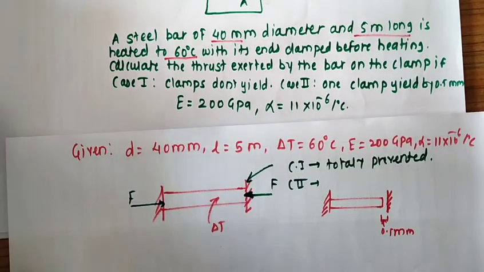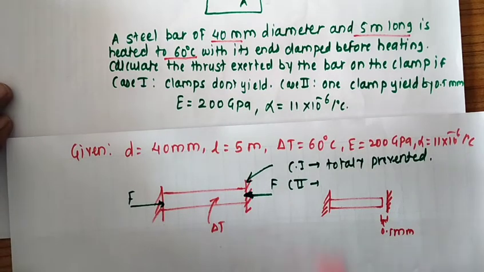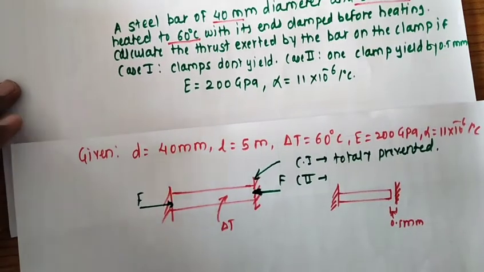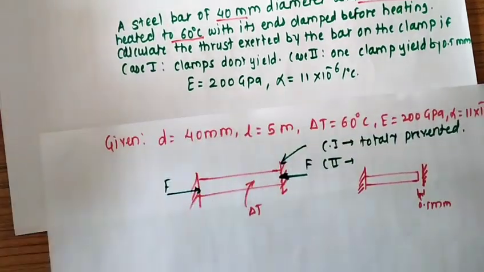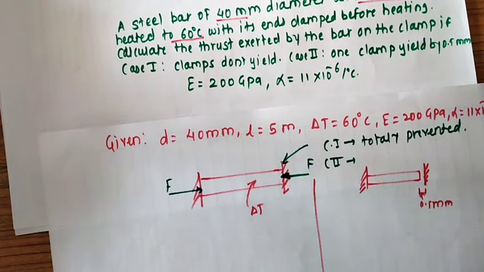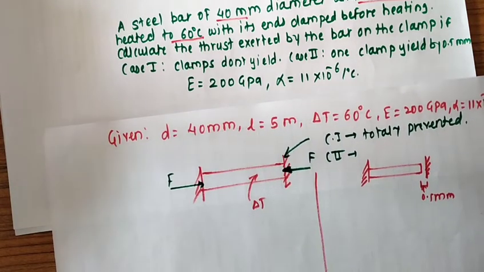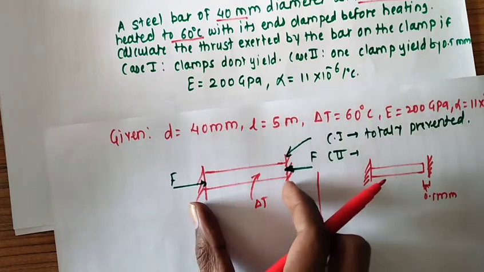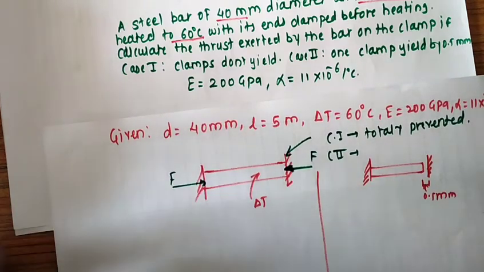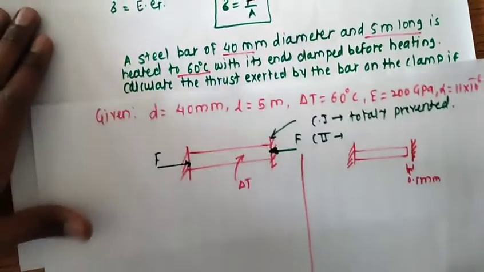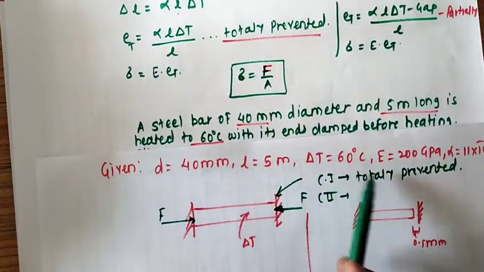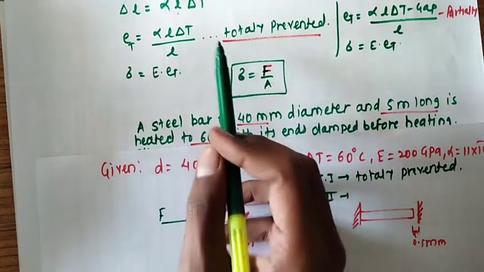So we have to find out the force value. So how can we find out? Very simple. We consider case 1. So when clamps don't yield, it will remain the same. So in this case, we have already seen the formula for this. See, clamps don't yield means totally prevented. So the formula is what?